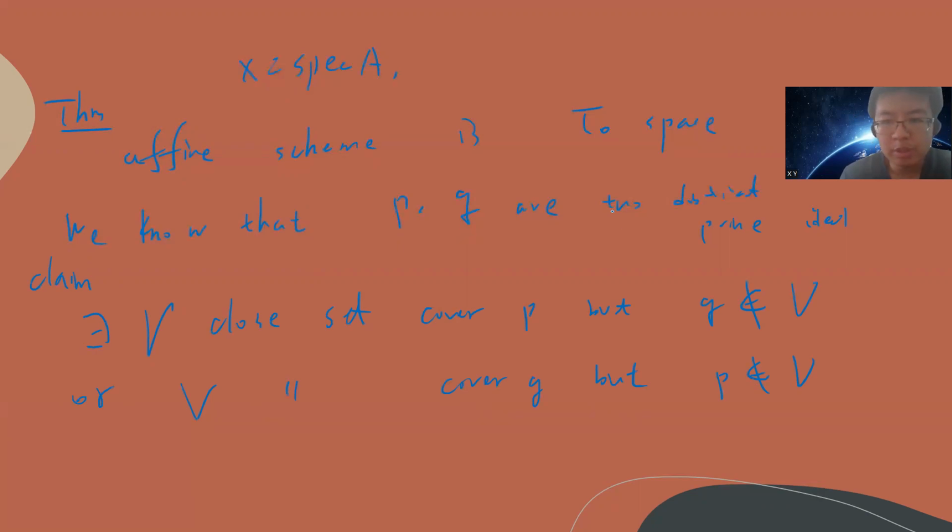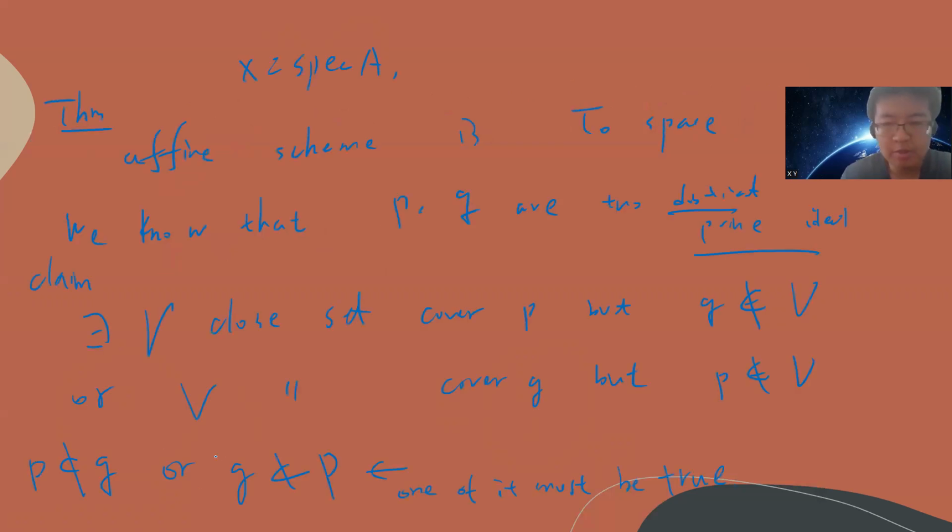By definition, because P and Q are distinct prime ideals, one of these must be true: either P is not inside Q, or Q is not inside P. Otherwise, if P is a subset of Q and Q is a subset of P, then they would be the same.